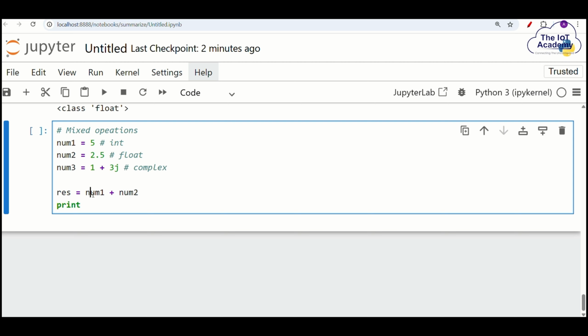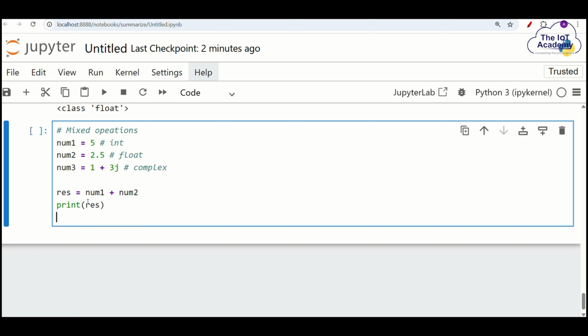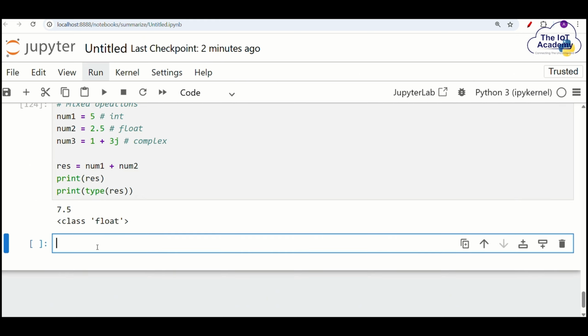So if you take an integer and add it to a float, let's see what it produces. Let's print our result, and also print out our type. Let's see if you can guess before I press the run button. All right, so the answer is float.